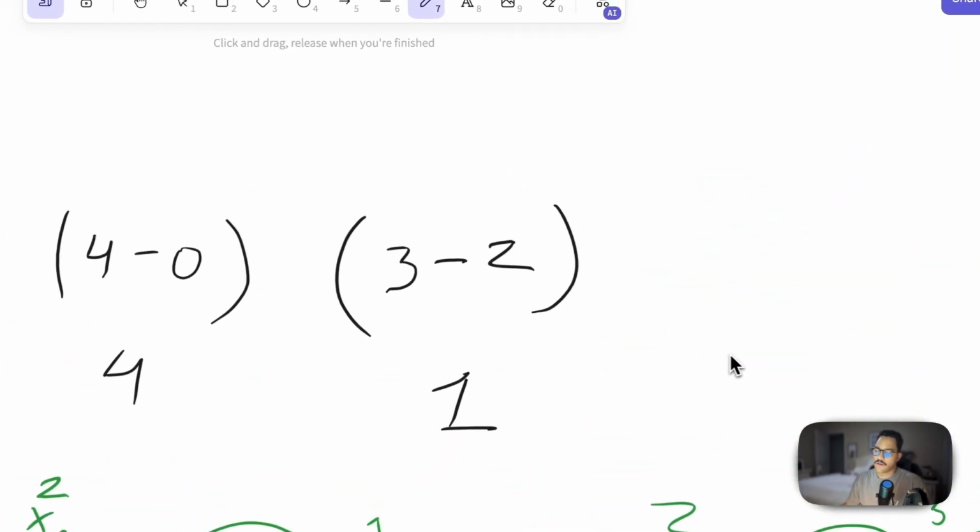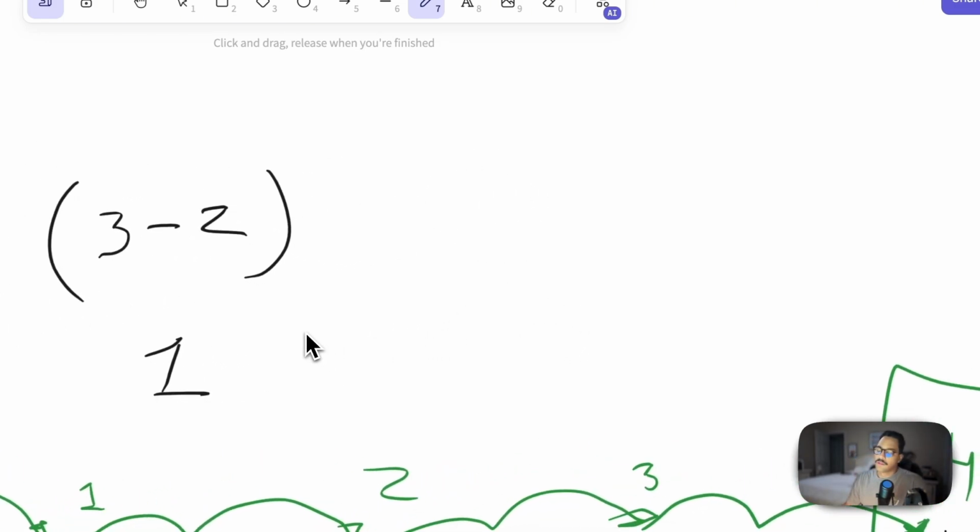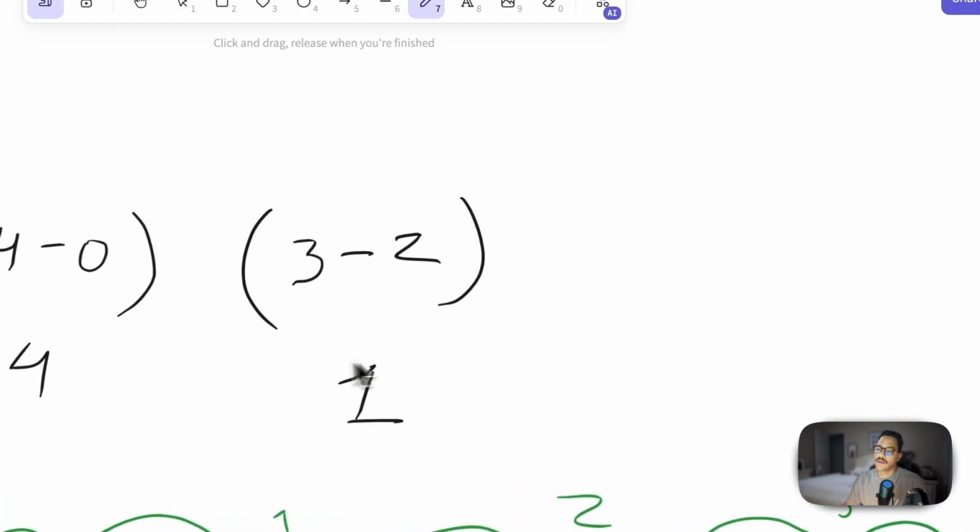But I don't need 12, so how do I figure out that that's where they meet, right?